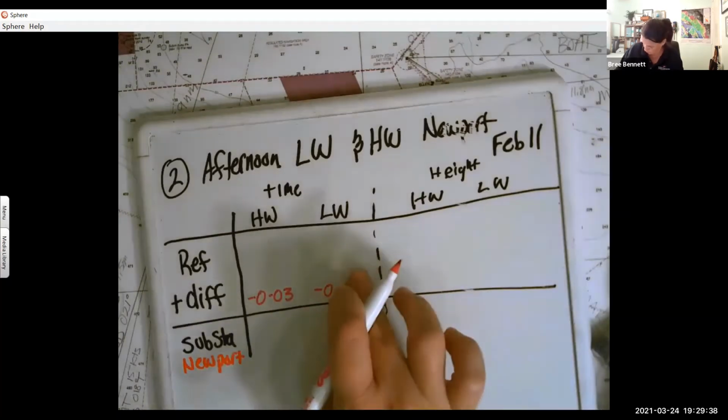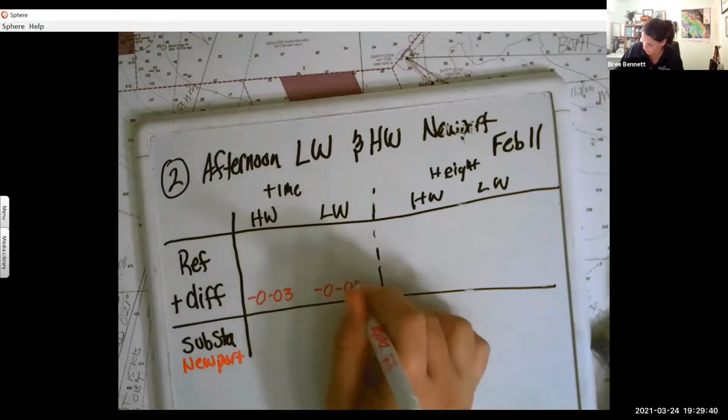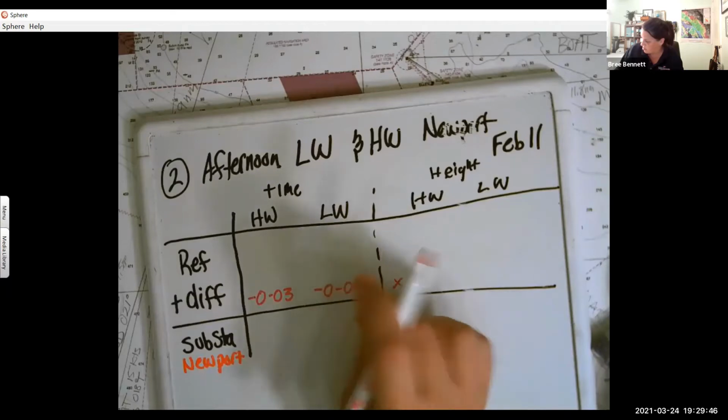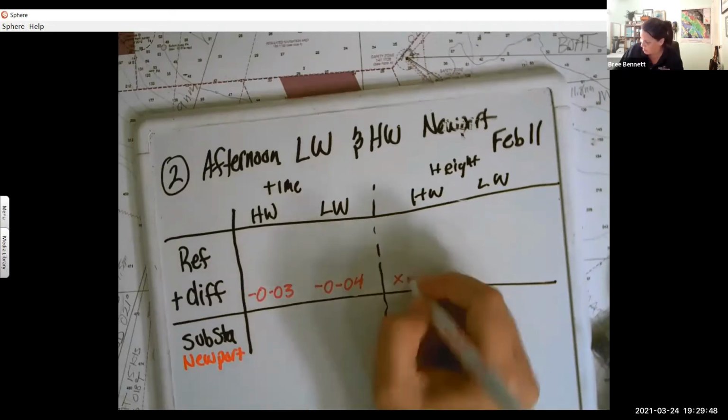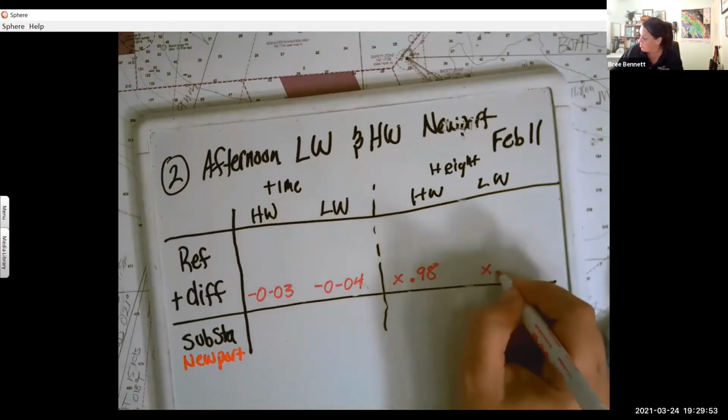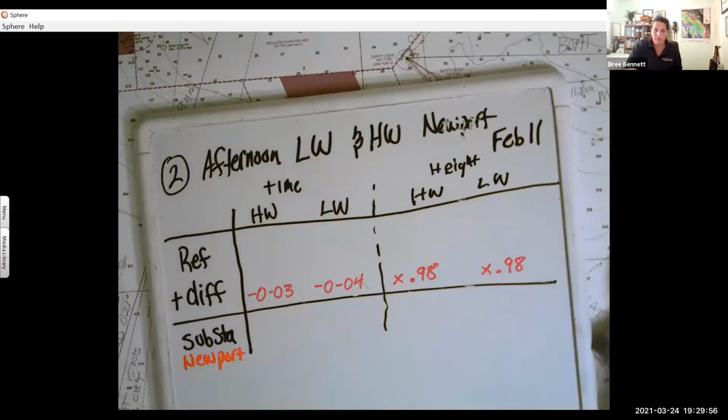Multiply 0.98. Multiply 0.98. So I just wrote in the differences for my subordinate station of Newport.